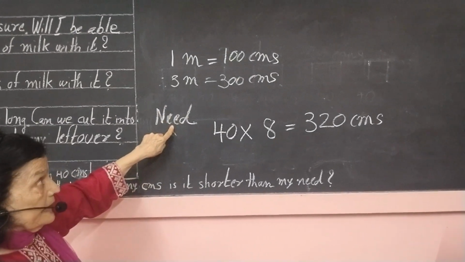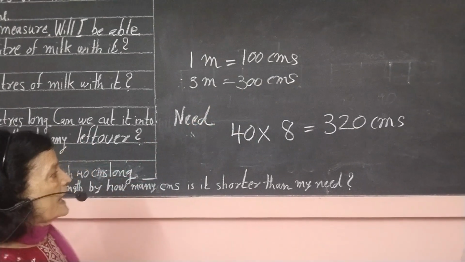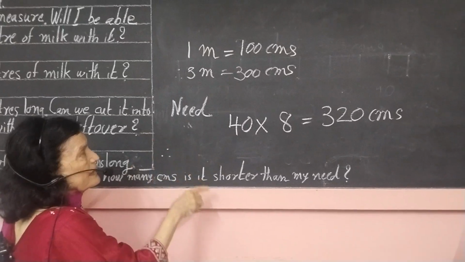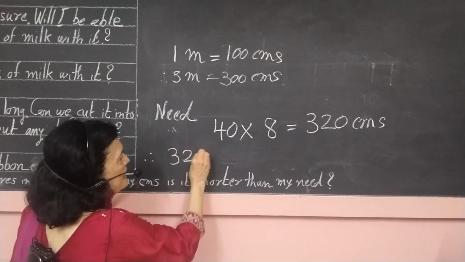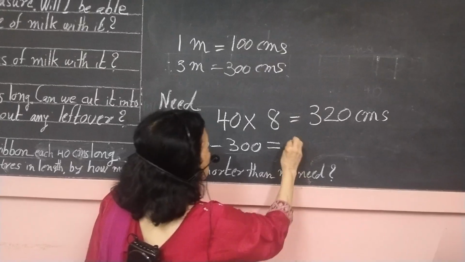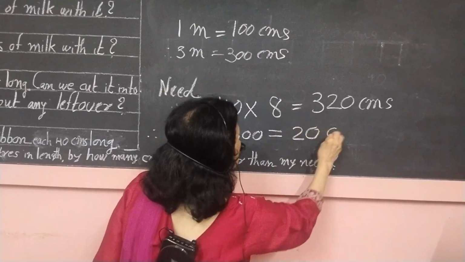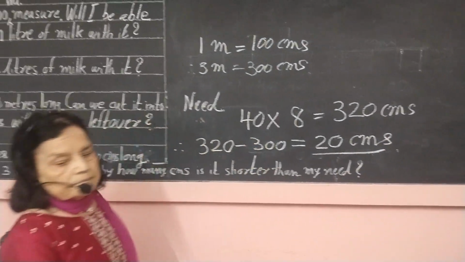But actually the ribbon is 300 centimeters, and hence this ribbon falls short by 320 minus 300, that is 20 centimeters. So this is our final answer.